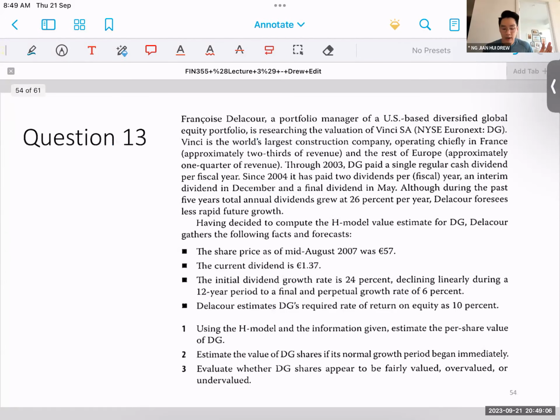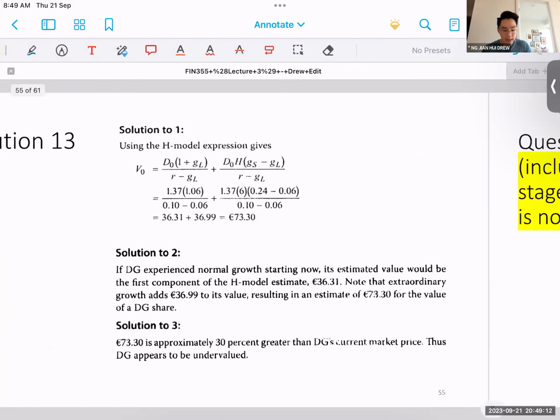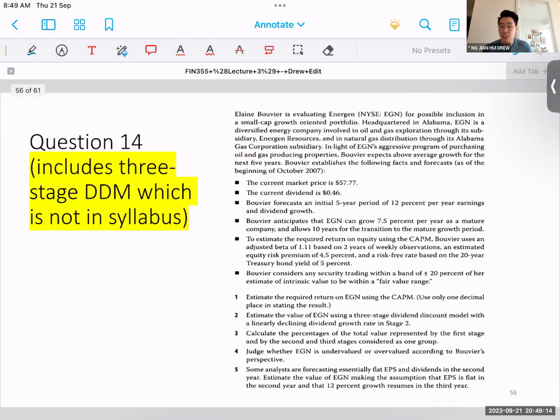So we're going to take a break, and after the break we are going to go through two questions: question 13 here, and question 14, which is the 3-stage and not in the syllabus. But I want to go through this because it's a good foundation for really understanding the stages of DDM and how you break them down into various stages to analyze the valuation.